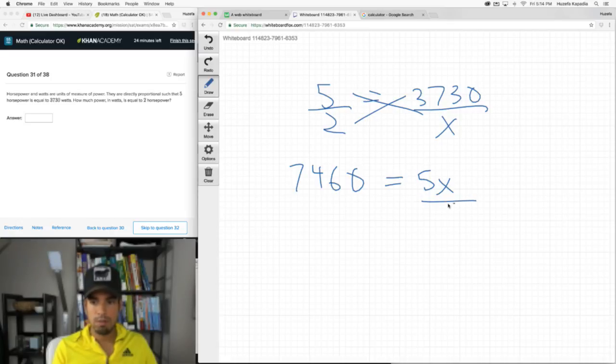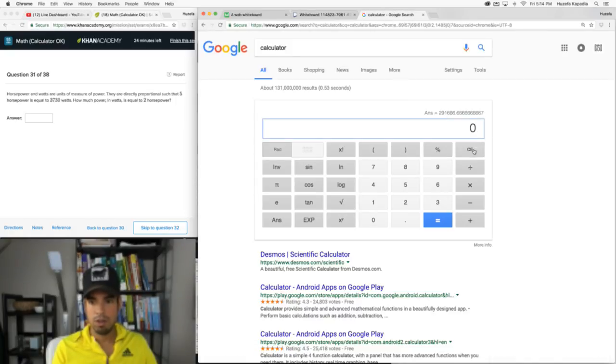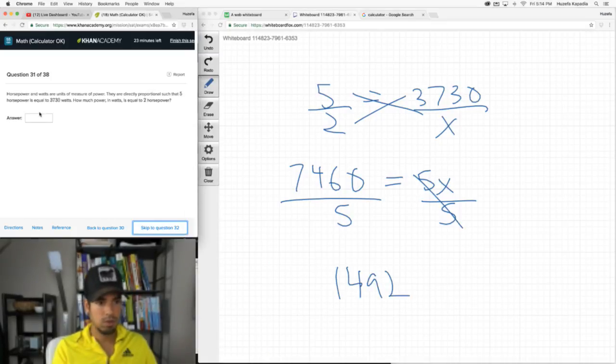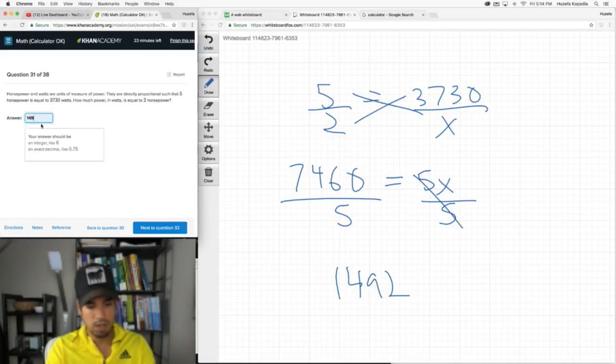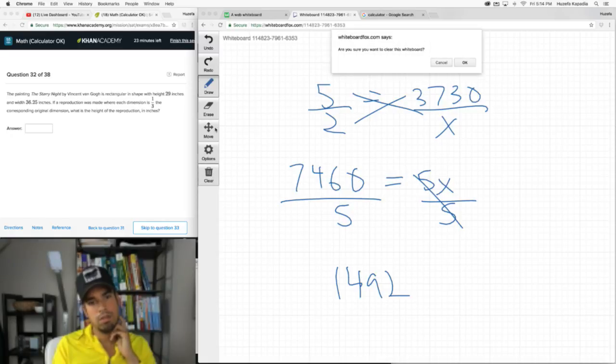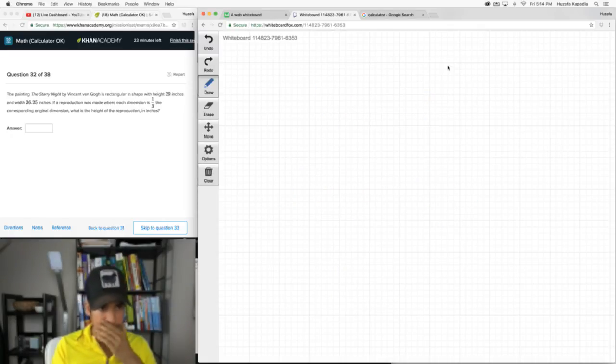Then divide both sides by 5. Let's use a calculator. 7460 divided by 5 equals 1492. Cool.